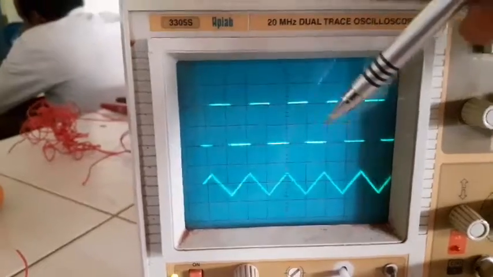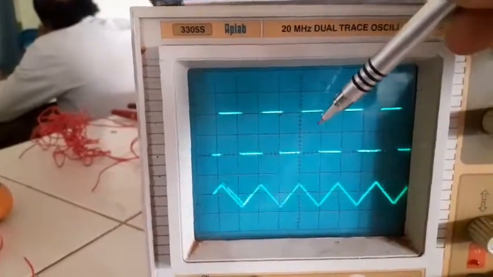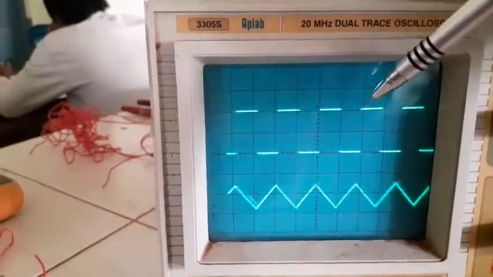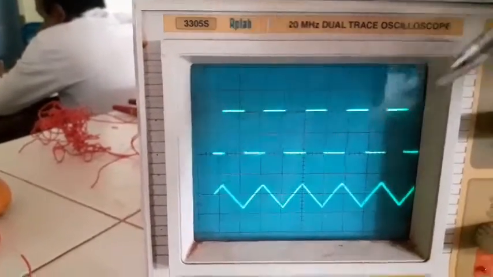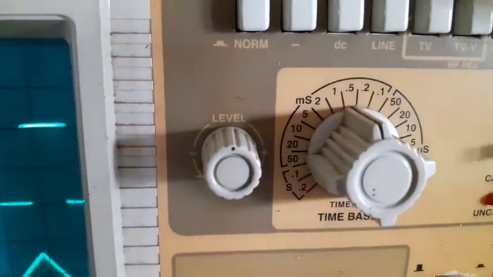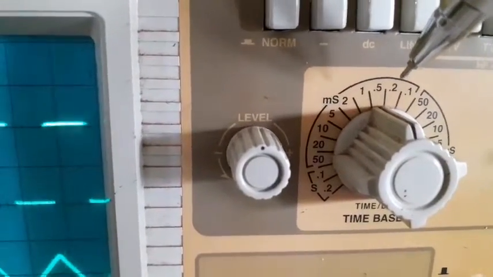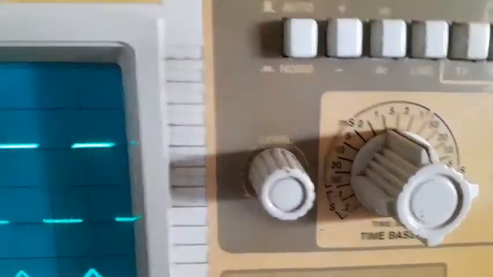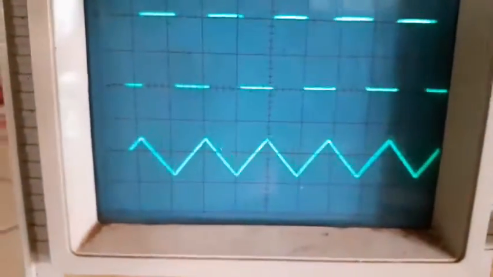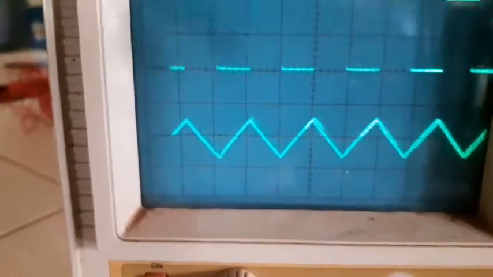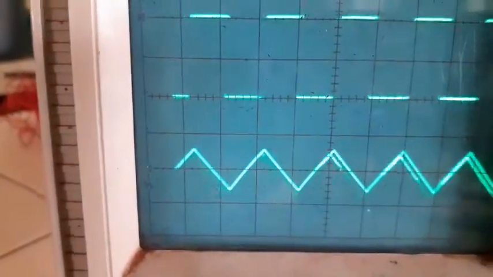The input waveform has a time period of, you can see it is occupying 2 divisions. Two divisions into 0.5. The time scale is set at 0.5. So 2 into 0.5 will become 1. That is 1 millisecond is your time period. And you are getting output waveform, triangular waveform also of same time period, 1 millisecond.